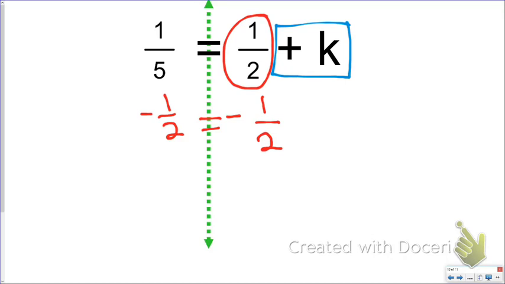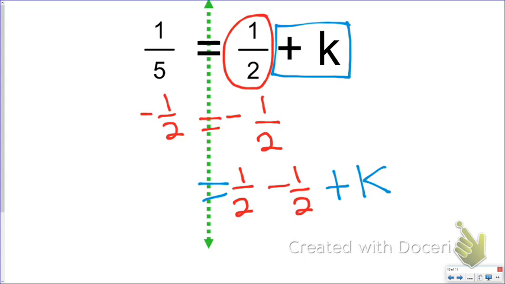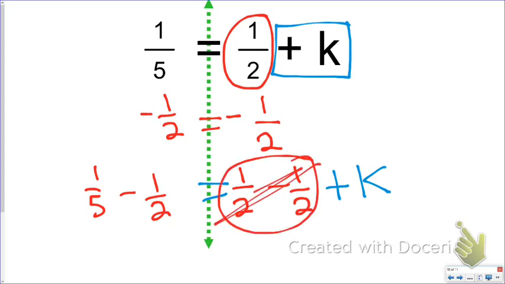So what I have essentially is 1/2 minus 1/2 plus k. And that is equal to 1/5 minus 1/2. So what happens when I do 1/2 minus 1/2? That goes to 0.